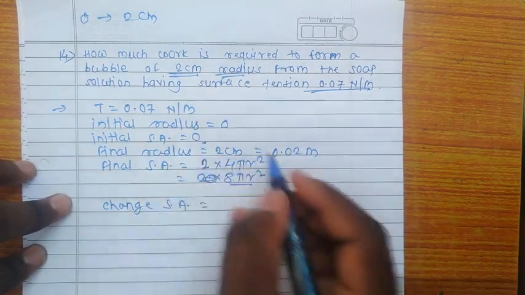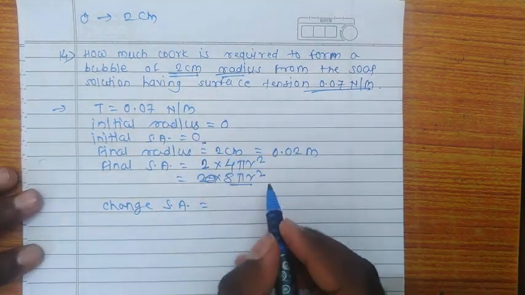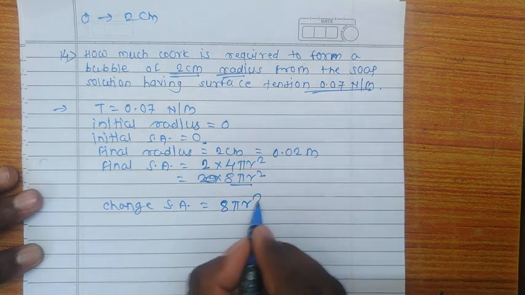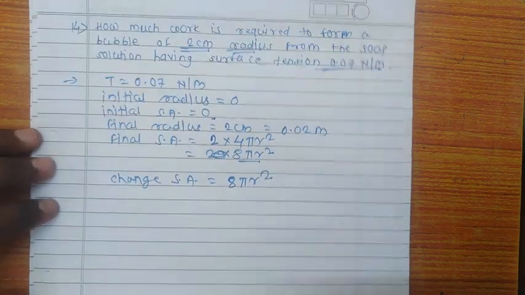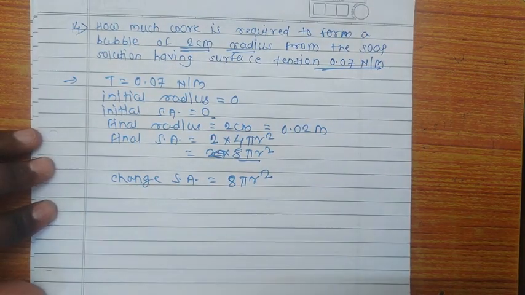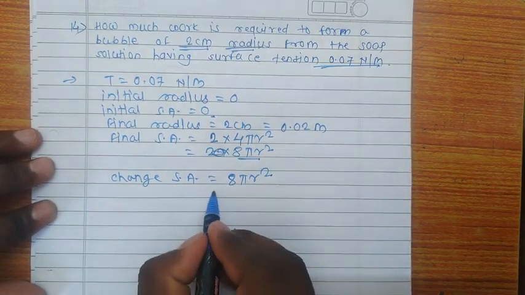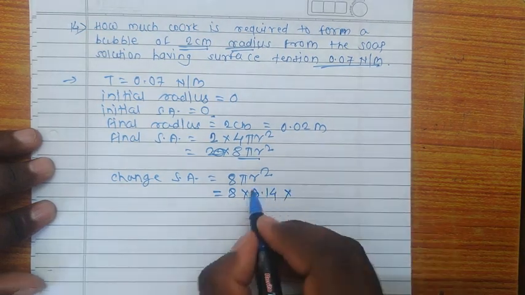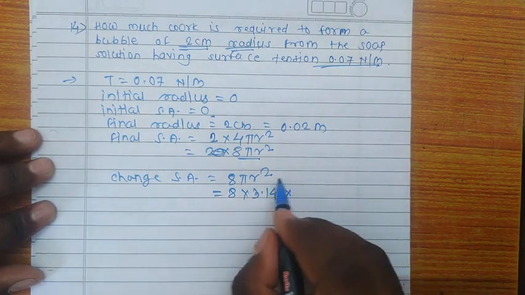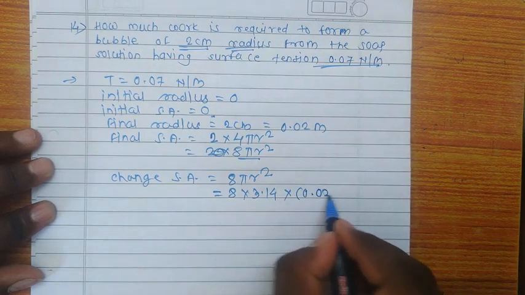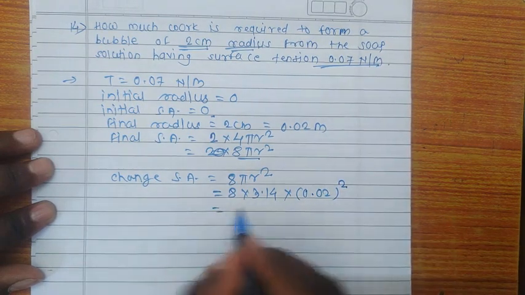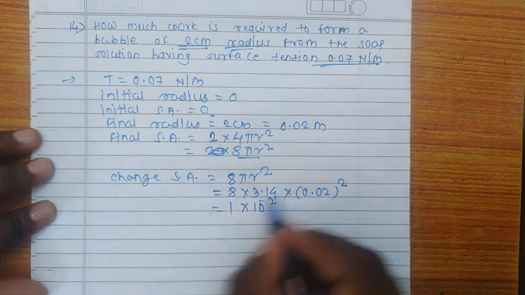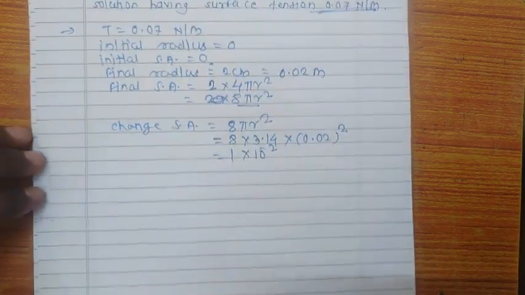Initial surface area is 0. Final surface area is 8 pi R square. So what is the change in surface area? It is 8 pi R square. Getting this? Which will be equal to 8 into 3.14 into, what is the value of r? Value of r is 0.02 squared. So if we multiply this, we'll get here 1 into 10 raised to minus 2. Do the multiplication. Getting this?